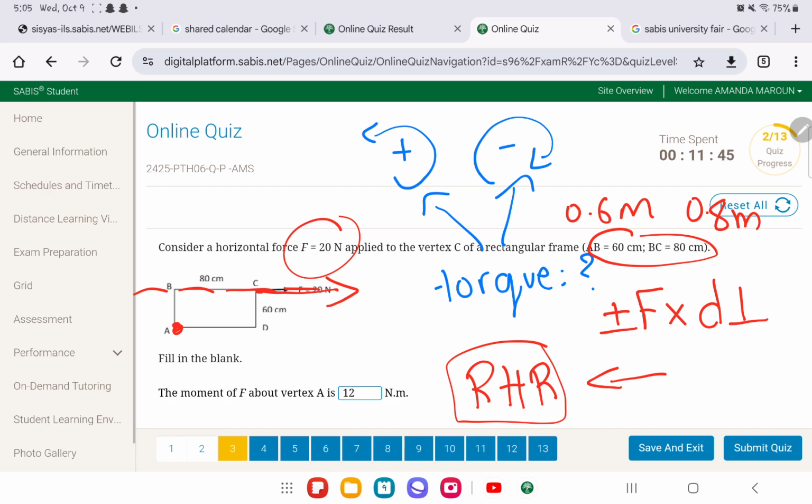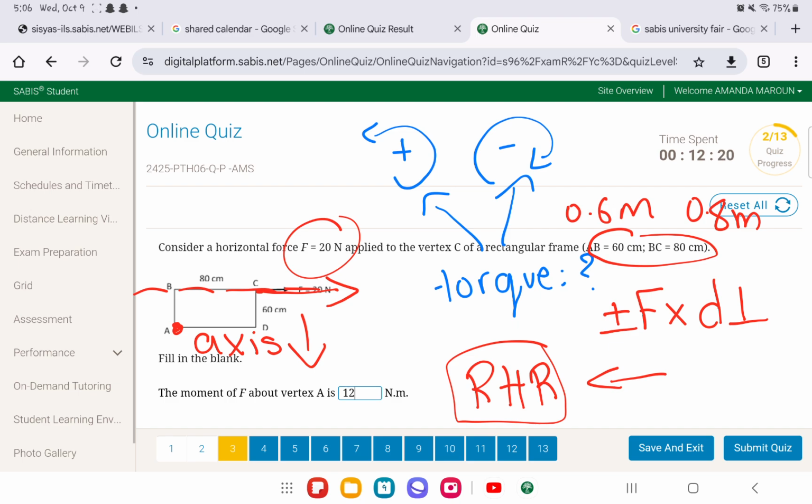The right hand rule says, take your right hand and put it on the force, but your palm has to be facing our axis. We know that our axis is downwards, so our palm will have to face downwards.